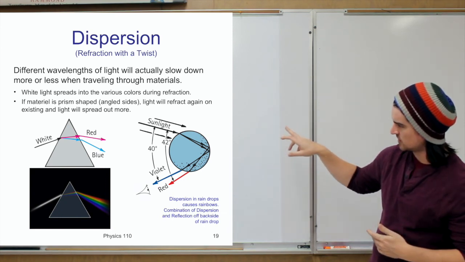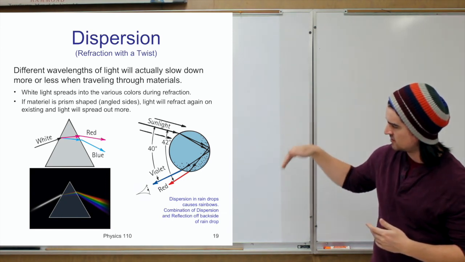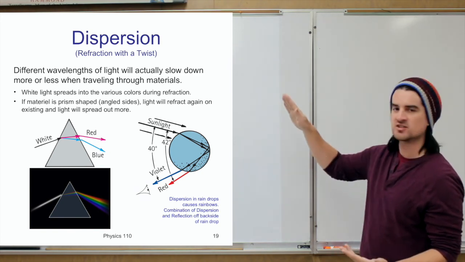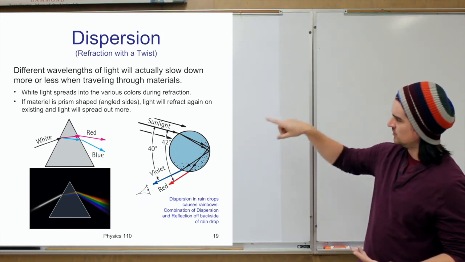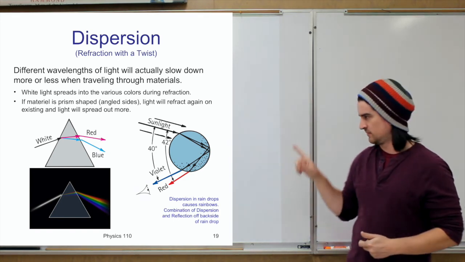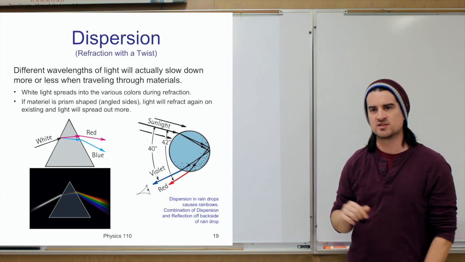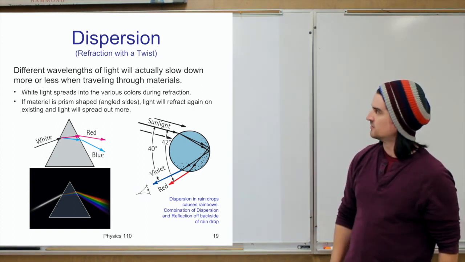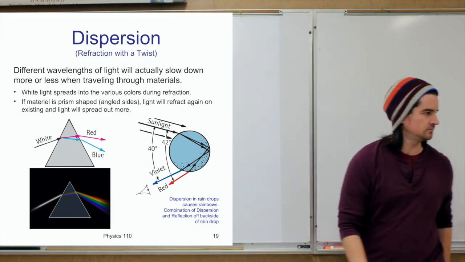And even more so, when the light goes down and refracts again on the bottom, not all of it refracts, some of it reflects and is still in the raindrop. And when you get those multiple refractions, that is why you can get double rainbows. So you have this pattern repeating itself, and another spectrum or spread of light comes out.